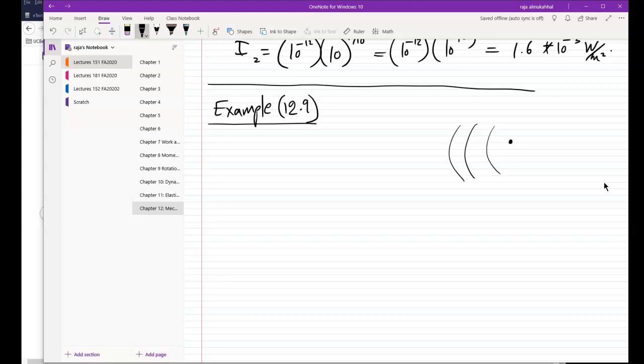We have the first observer right here, observer number 1, and then observer number 2 somewhere here.